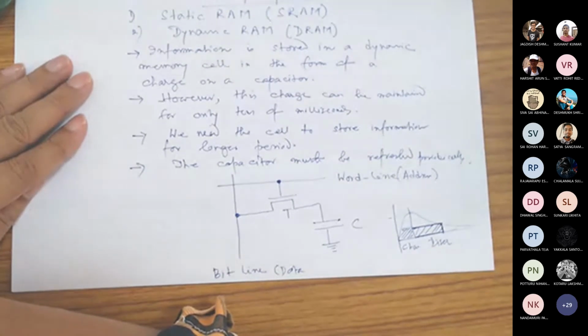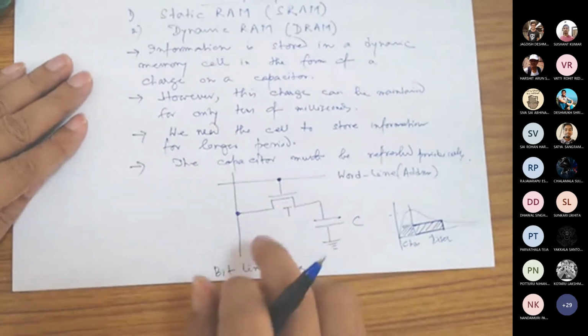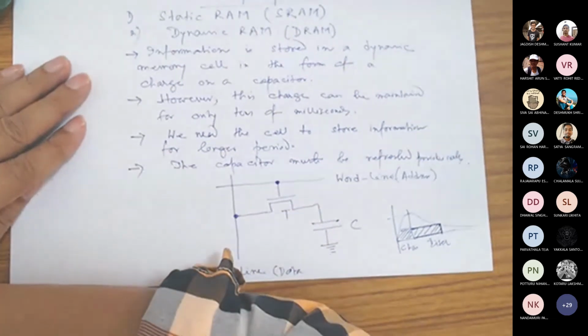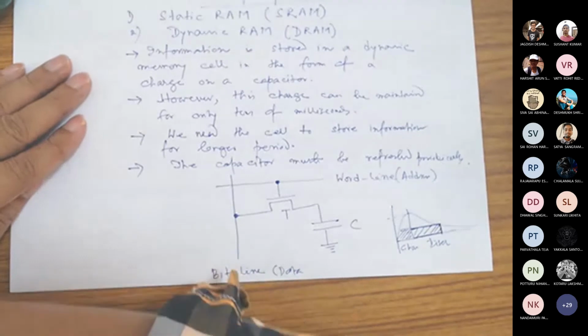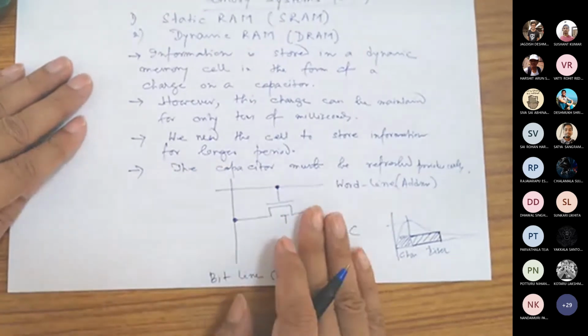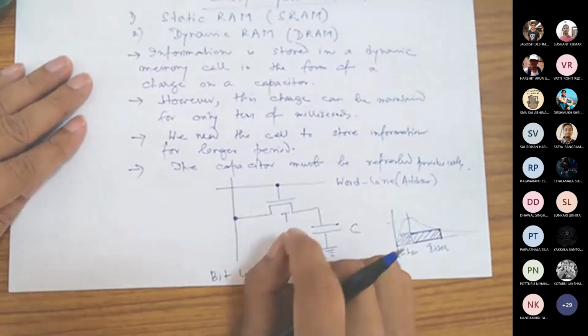Now, all of today's primary memory, when you go for buying your RAM for your personal computer, we actually buy these dynamic RAMs. And that is the reason we get these memory cells very cheap.